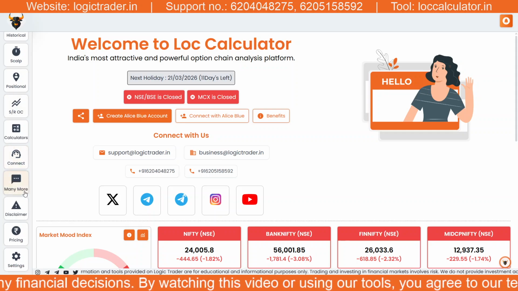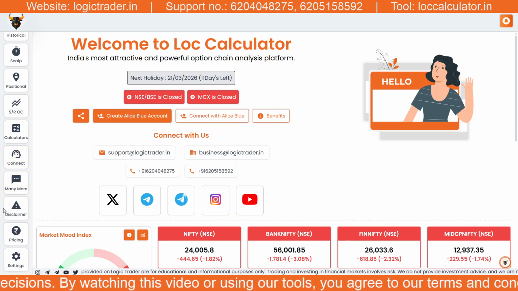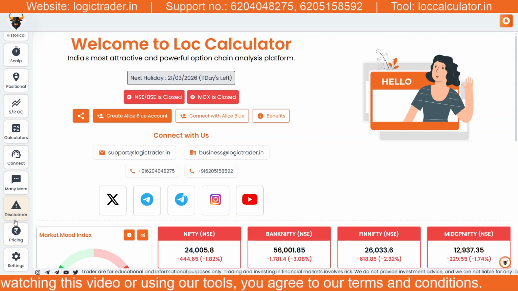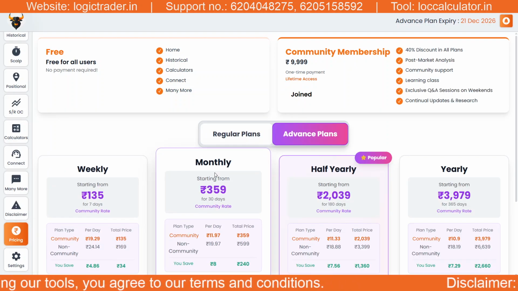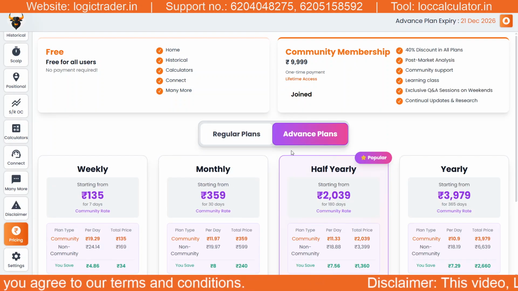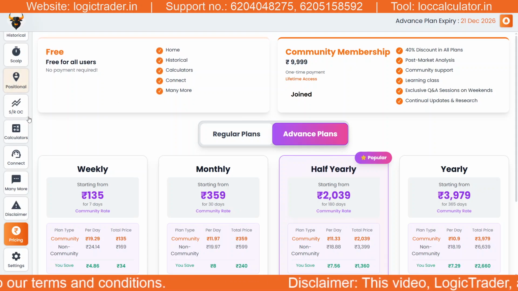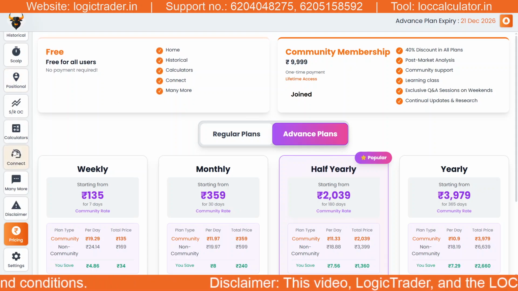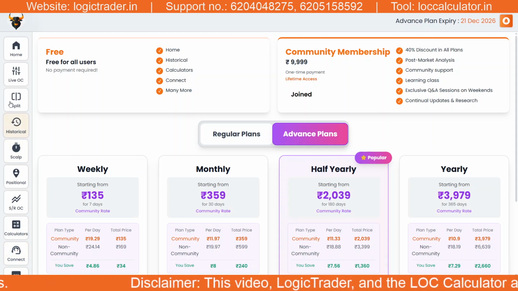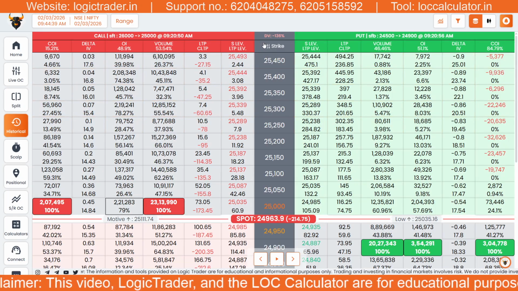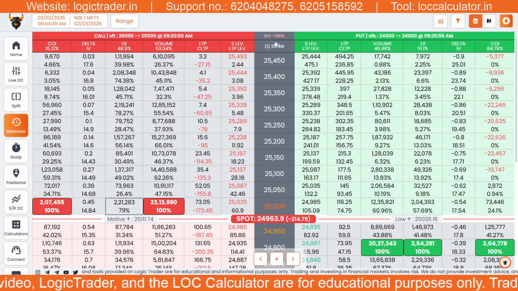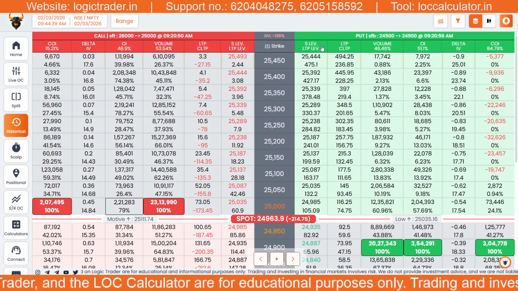This means that if you want to see diversion, you need to have the advanced plan activated because DV is available only in that plan. Once you enable it, the DV value appears at the top middle section of the option chain interface.